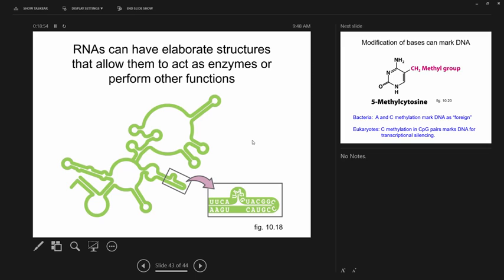So RNAs have been for a long time known to form these really elaborate secondary and tertiary structures. So in all these, in this big case here, here's a little picture. Everywhere where the strands are together, you will have complementary bases, like you can see. Oh, that's not good. These are not good.